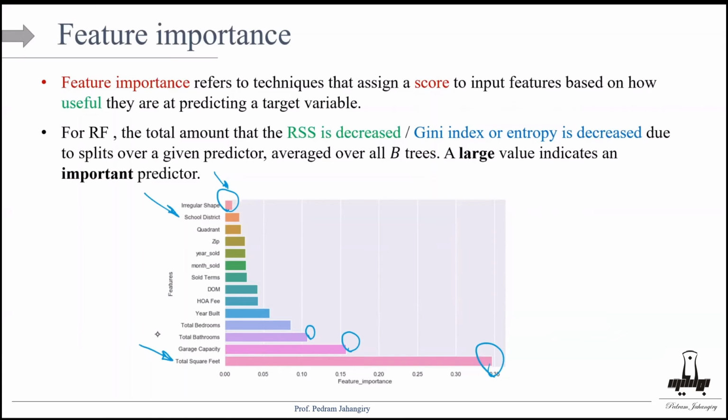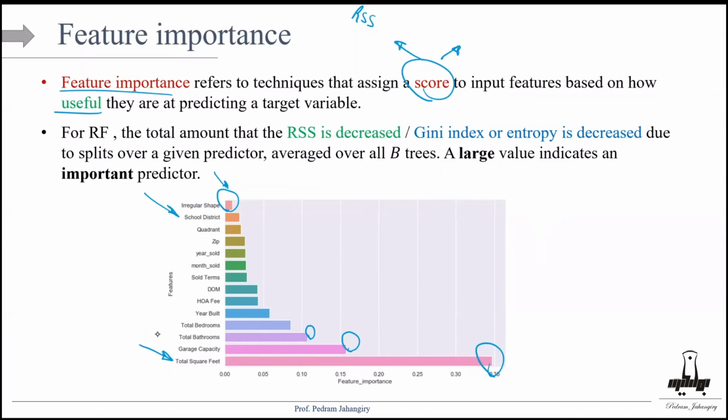Now let's see how random forest is able to rank these features. Feature importance refers to a technique that assigns a score to input features based on how useful they are. So let's see what we mean by a score and how useful they are. If it is regression, the score is basically our RSS.